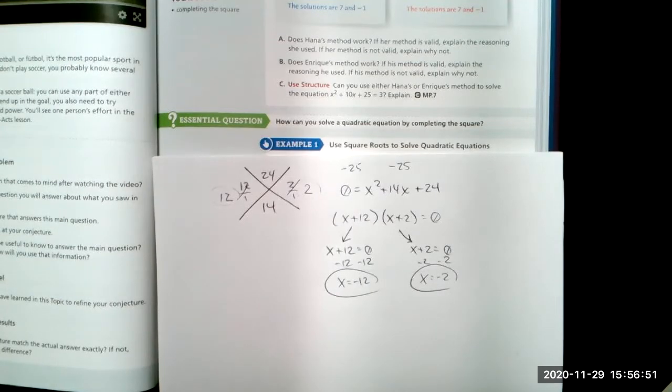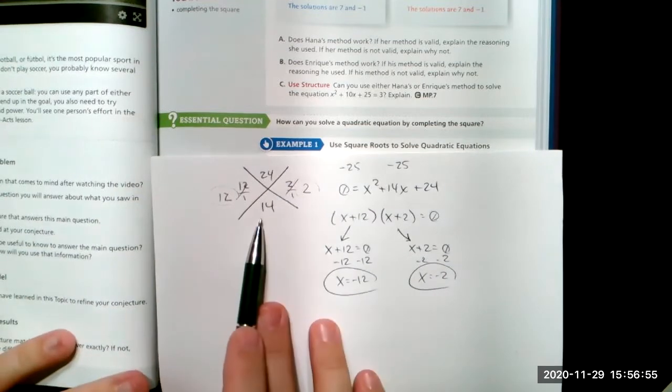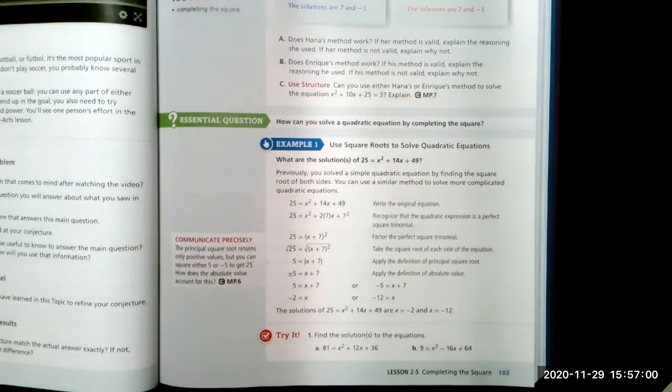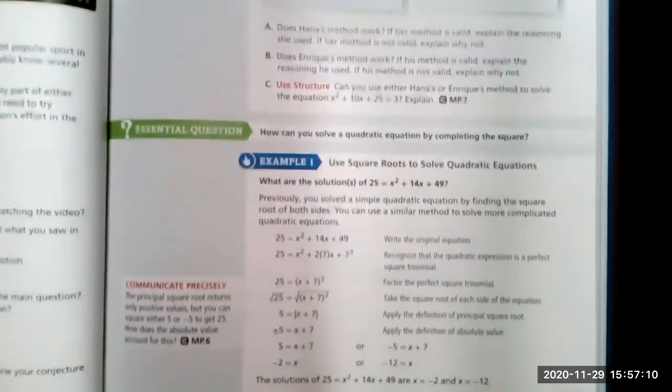But this is a quadratic that, even though at the beginning it doesn't look like you can solve it like we did last week, they're wanting you to go through the process of completing the square, taking the square root of both sides, because both sides are perfect squares. So let me zoom in here a little bit.